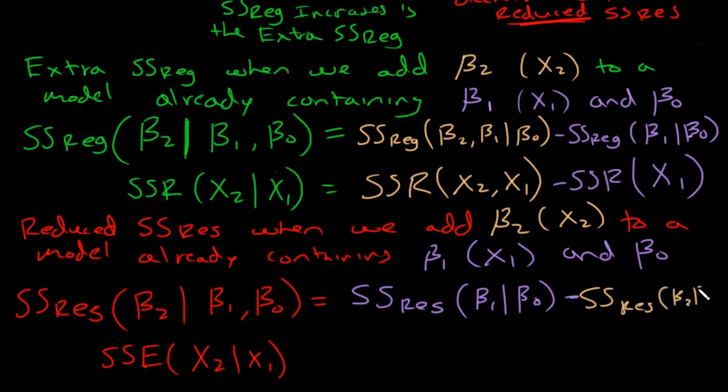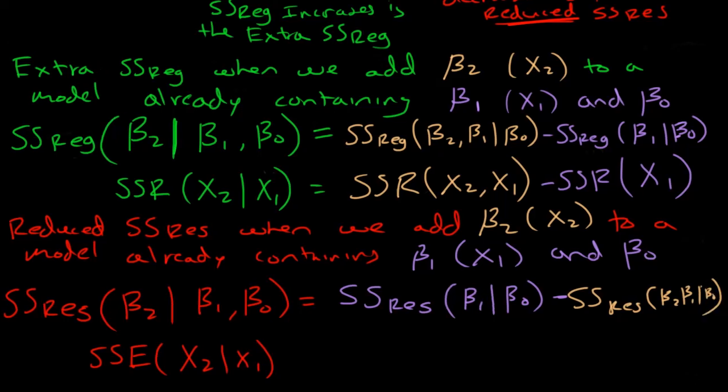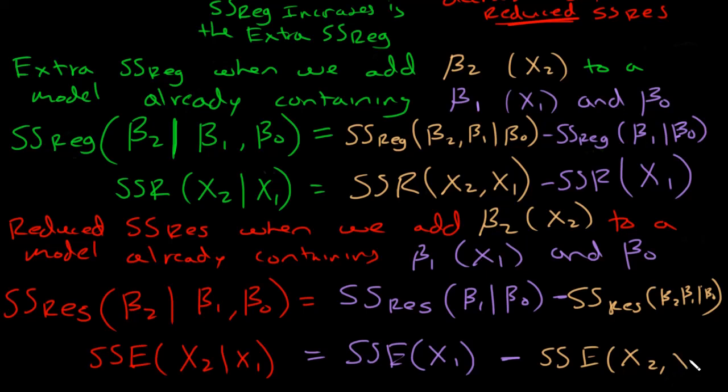So beta 2, beta 1, given beta naught. Notation-wise, of course, instead of beta, some people will write that just as x1 and not say anything about the intercept. And then they'll say this is SSE for x2, x1, for the model with both x1 and x2.